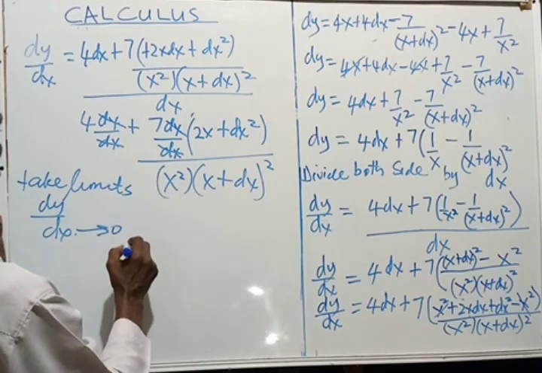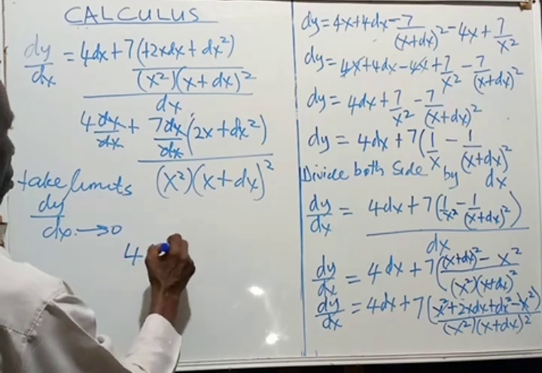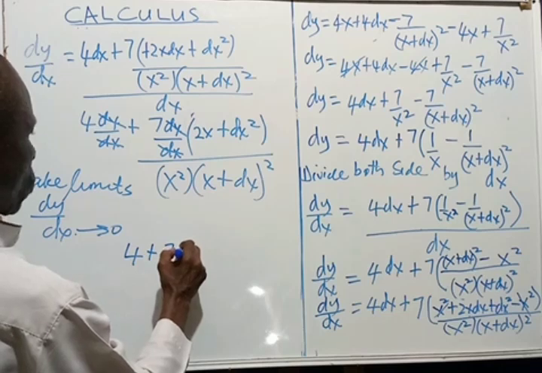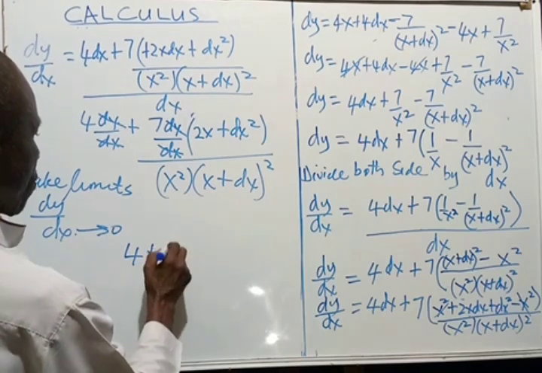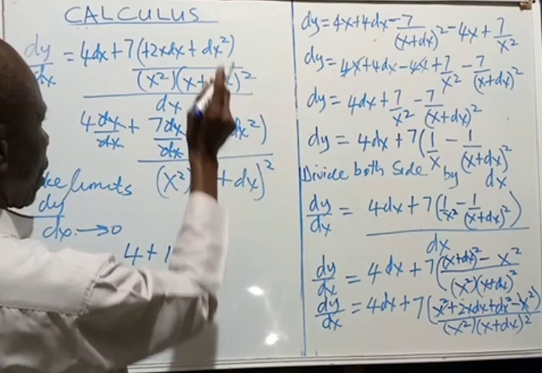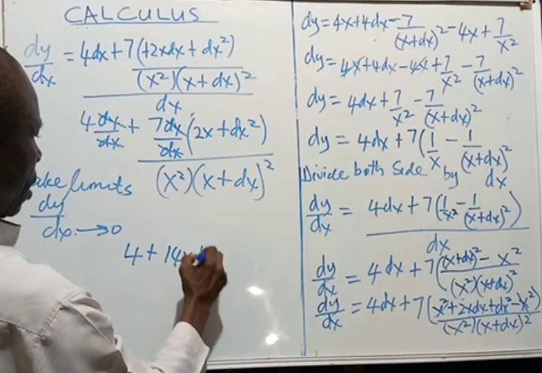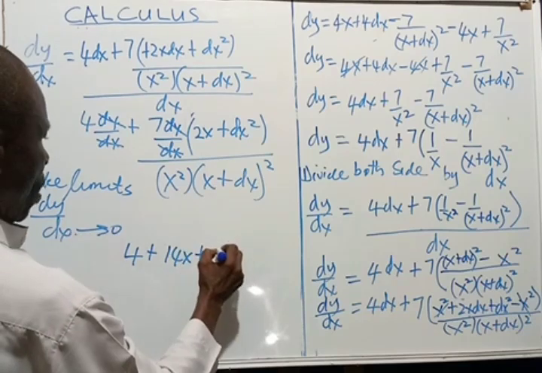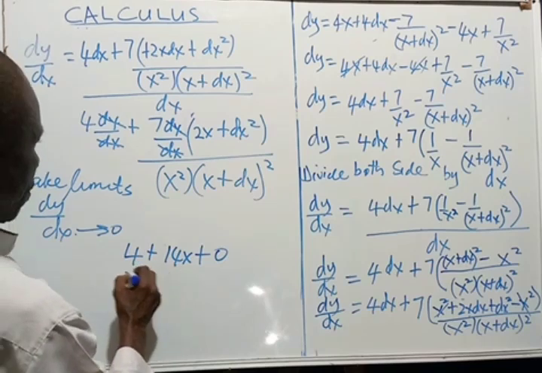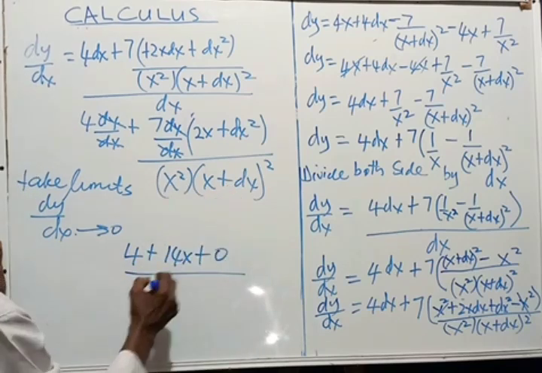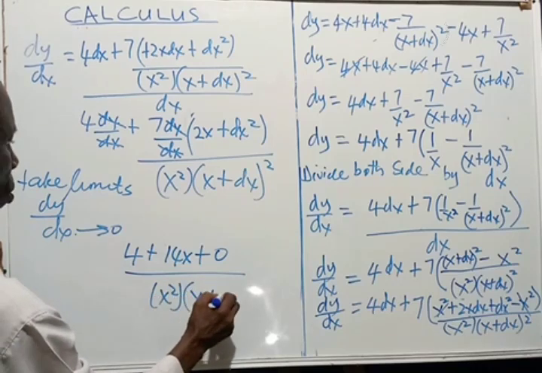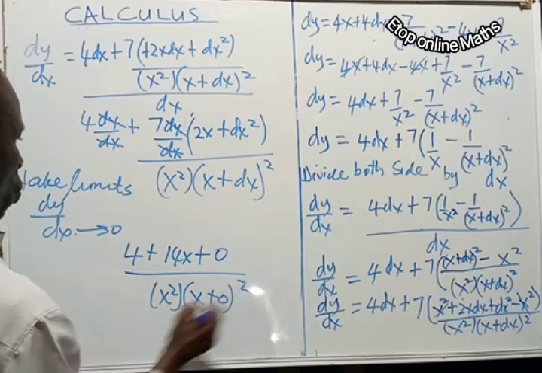So I have a 4 plus 7 times 2x, I have the 14x, when dx becomes 0, so I have the 0 over, I have here x squared into x plus 0 raised to power 2.